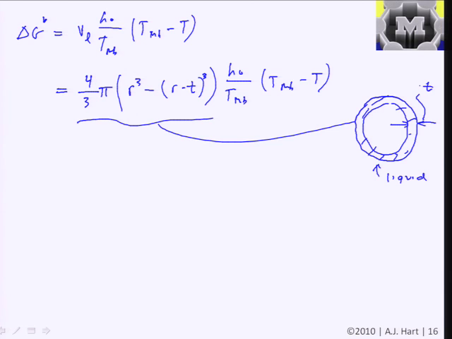Just R cubed minus (R minus t) cubed. So this is kind of our part 1. And we'll save this for now. And now we'll start to look at the surfaces.